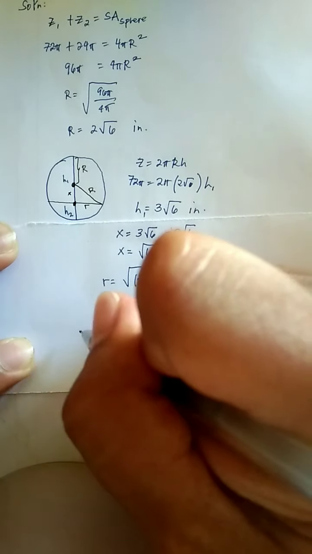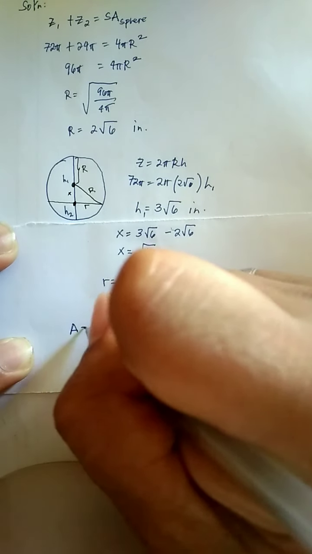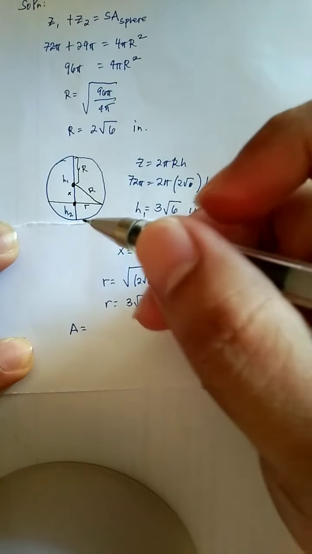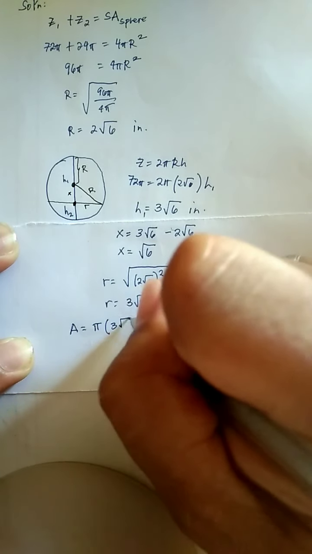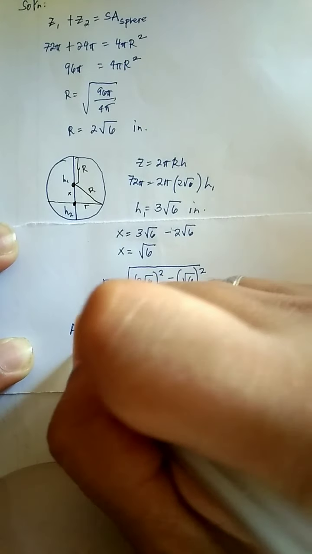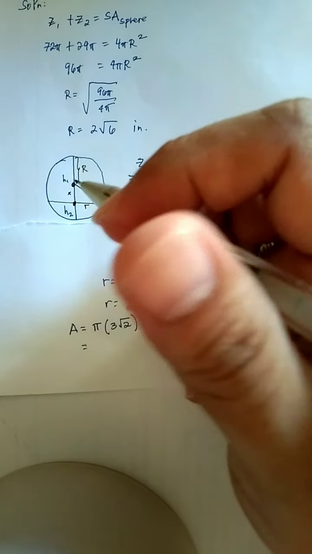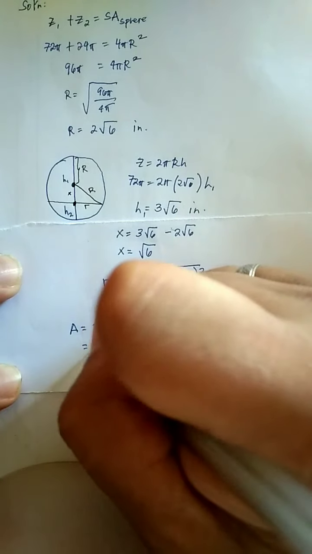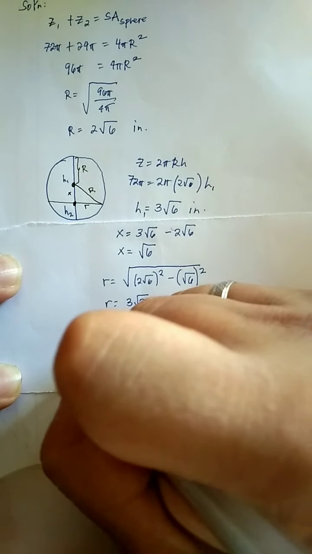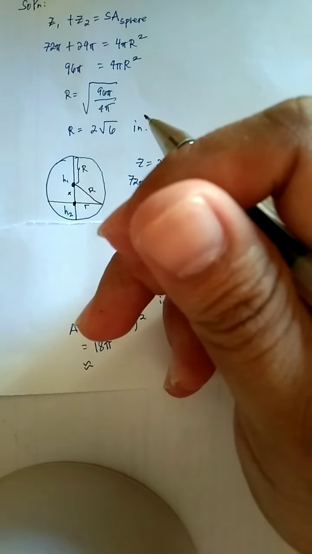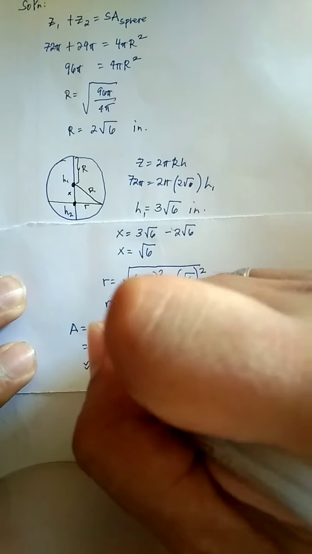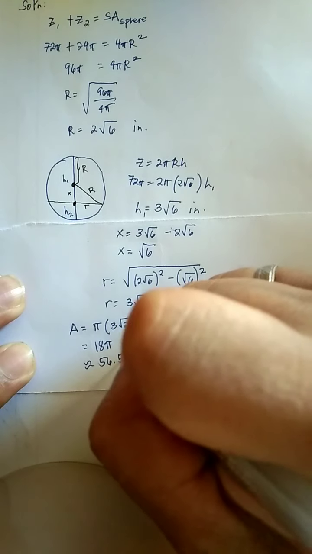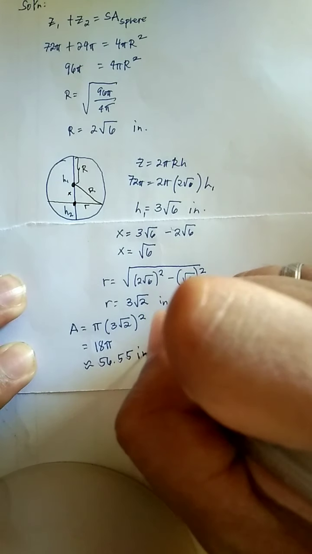Now the area of the cross section, which is the small circle, is equivalent to pi times 3 square root of 2 quantity squared. So the area is equivalent to 18 pi, or approximately 56.55 square inches.